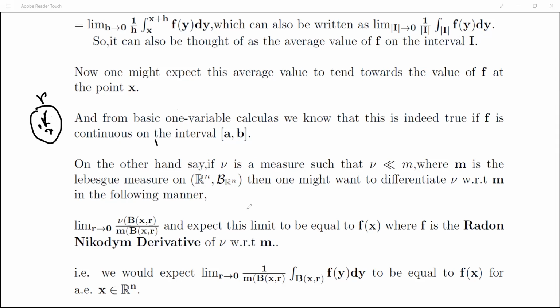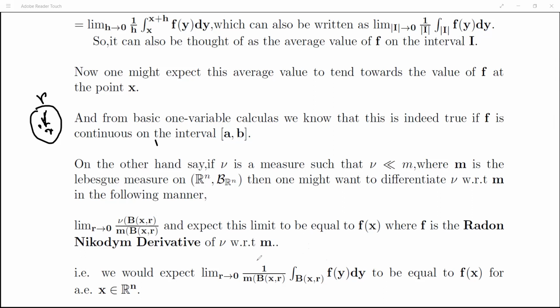And you know that this nu is given by an integral with respect to the Lebesgue measure. That means the nu measure of this ball will become the integral of some function over the ball.